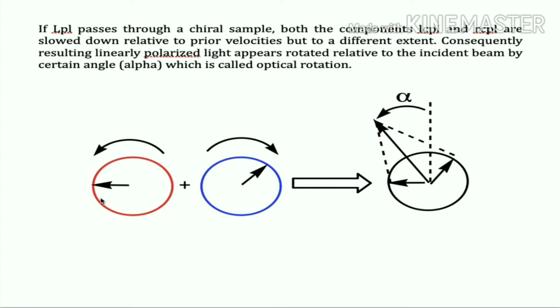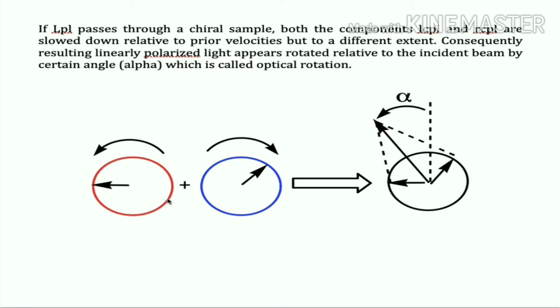So one of the circularly polarized light velocities will be different from the other. So whatever the resultant, if there is no chiral sample, this is the resultant and it is going to form linear. So here also it is going to form linear only, but now one of the circularly polarized lights is slowed down.